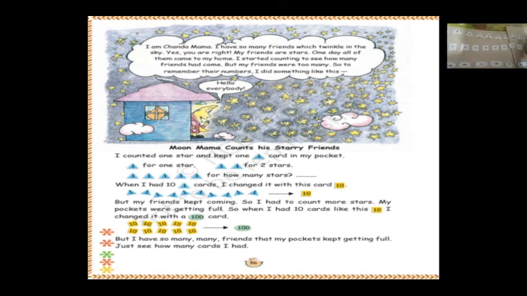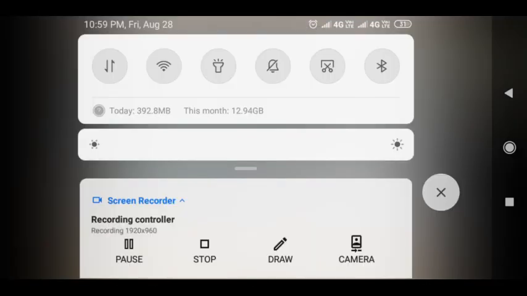So 10 triangles he replaced as one square card, that is 10 card. Like that, 1 ten, 2 tens, 3, 4, 5, 6, 7, 8, 9, 10. So 10 square cards replaced as 100 card, that is in an oval shape. So like this he did an activity and he counted stars.